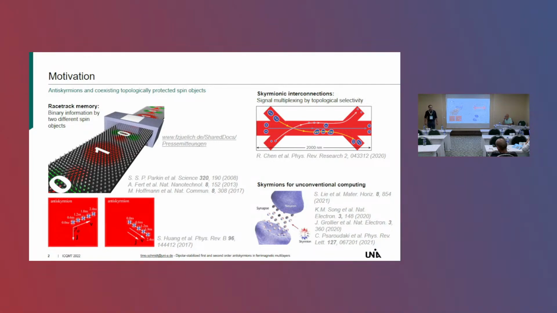And the last point is coming up recently. Skyrmions can be used for unconventional computing, to be more precise, for neuromorphic computing, where you try to mimic the function of a human brain. And there have been applications proposed that can act as neurons and ones that act as synapses, both with skyrmions.